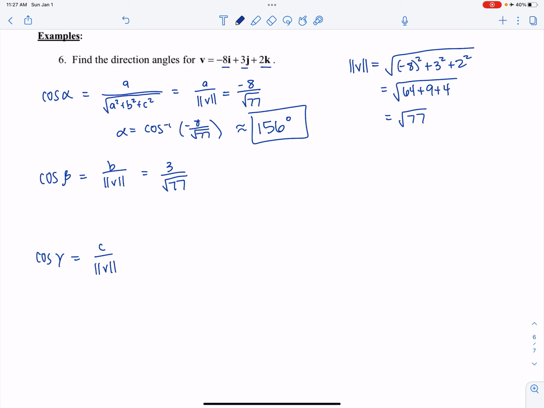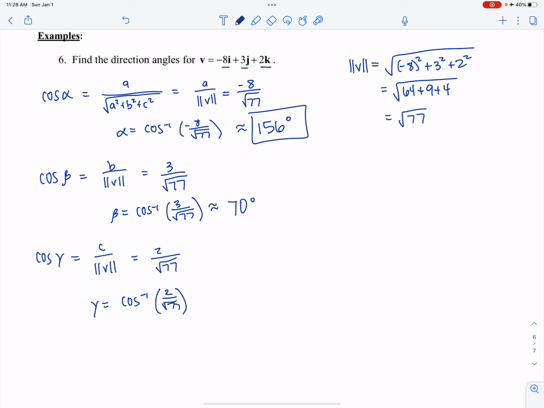If we take our cosine inverse of 3 over root 77, that gives us our beta angle. That's going to be approximately 70 degrees. And c is 2 over root 77. So our lambda angle, 2 over root 77, is approximately 77 degrees.